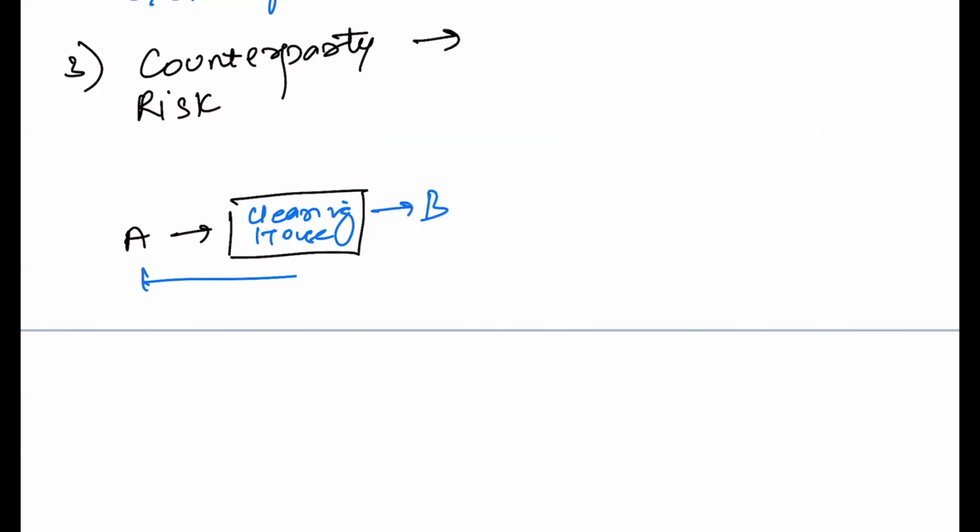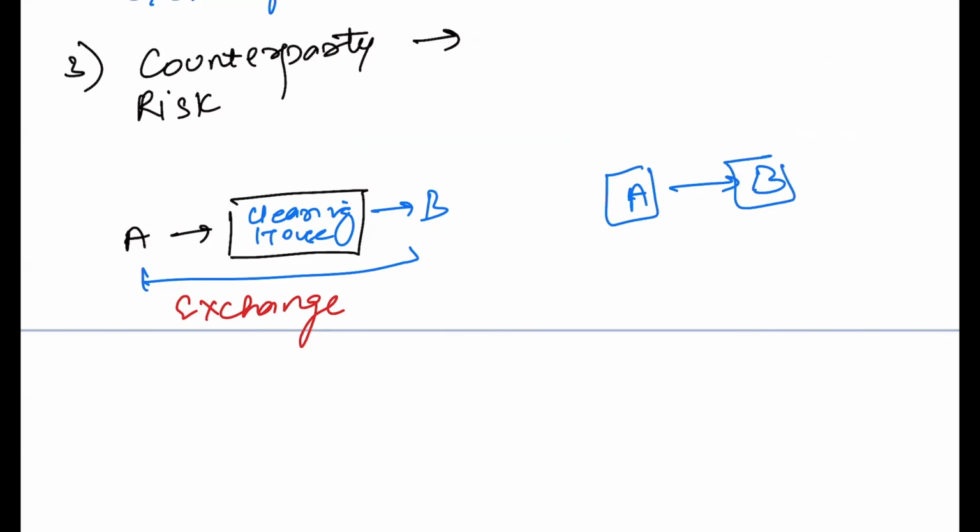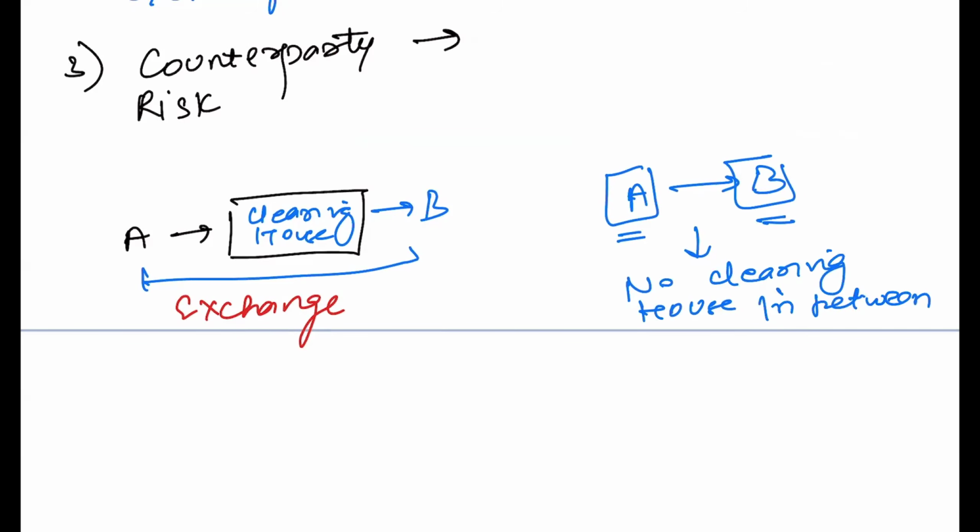But if you see how deals are done in over the counter, it is more of this sort of thing: we have party A, we have another party B, so the transaction happens directly, A to B. There is no clearing house in between. And this arrangement is for over the counter.